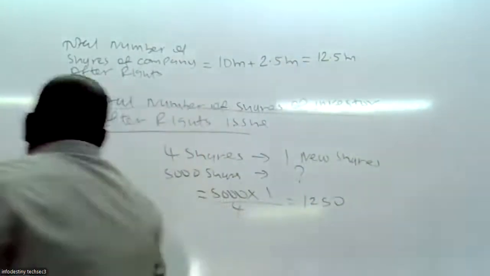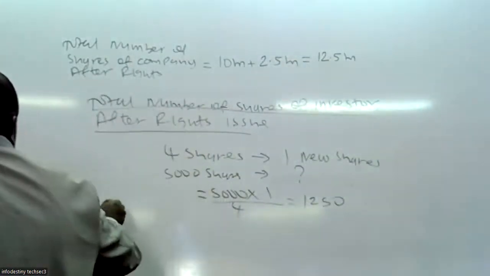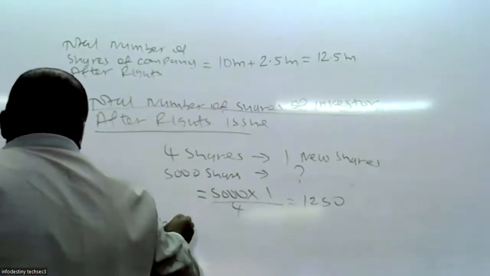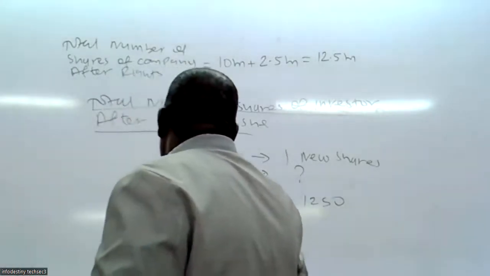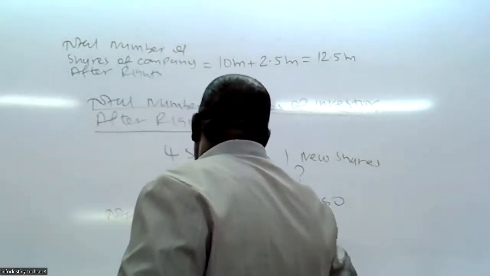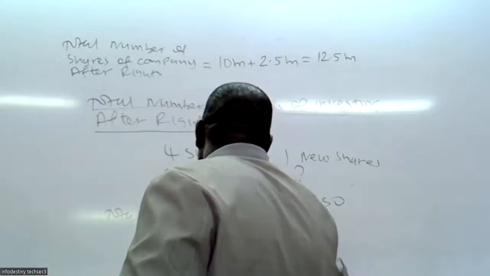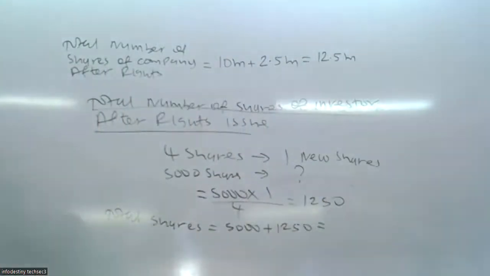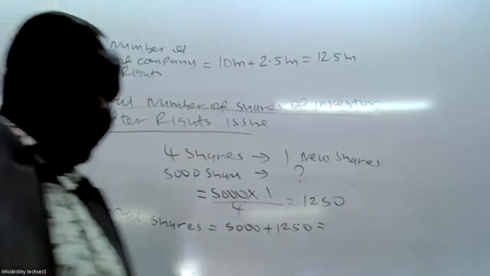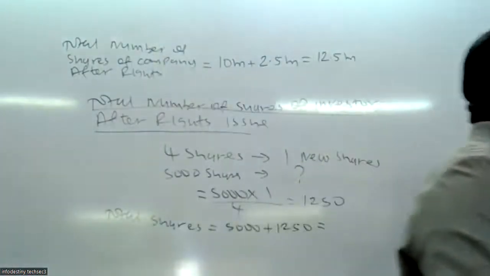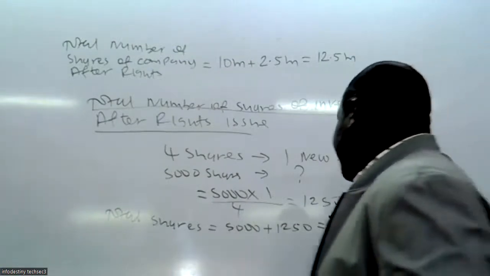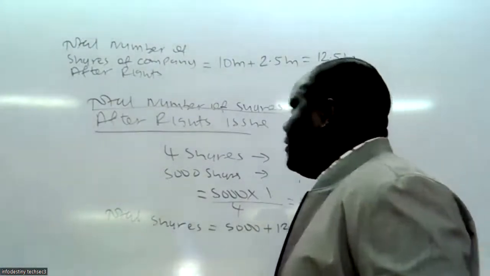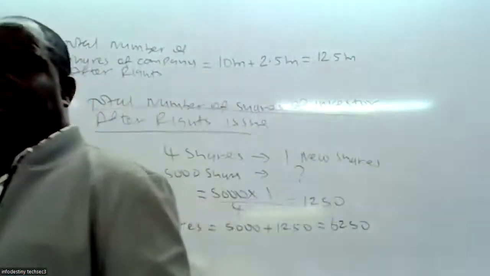So from there, the total shares should be 5,000 plus 1,250, which is 6,250.